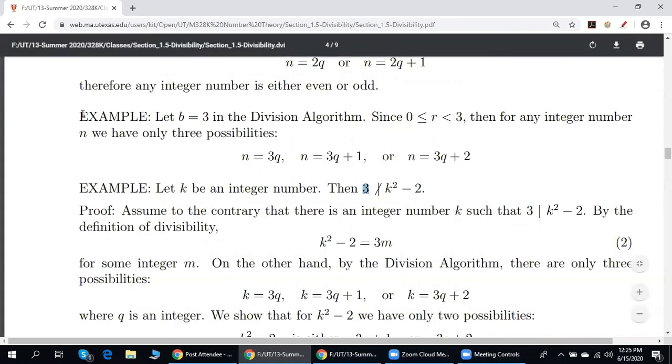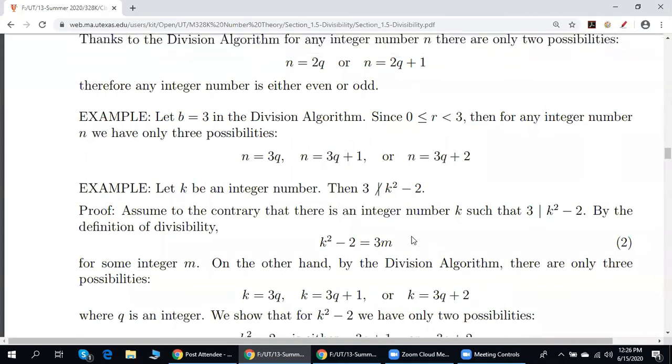Note that according to what is written here, for k, we have only 3 possibilities. K is either of the form 3q, or of the form 3q plus 1, or of the form 3q plus 2. Now, assume to the contrary that for some k, k squared minus 2, which is over here, is divisible by 3.